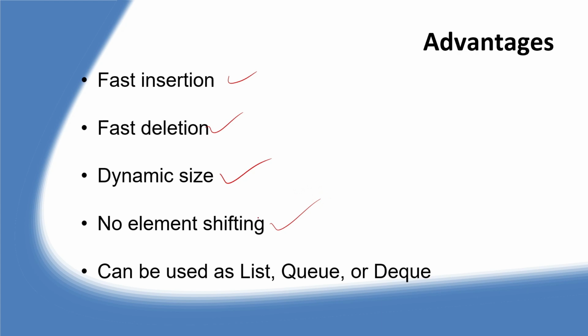But in linked list, we just need to change the reference. No element shifting since it is not in continuous memory allocation. And it can be used as a list, queue, or deque. So these are the advantages of linked list.